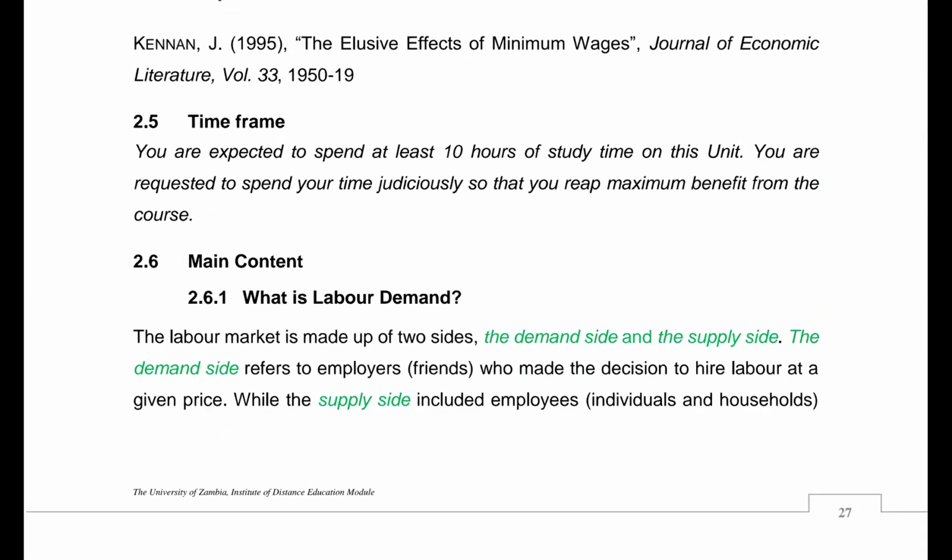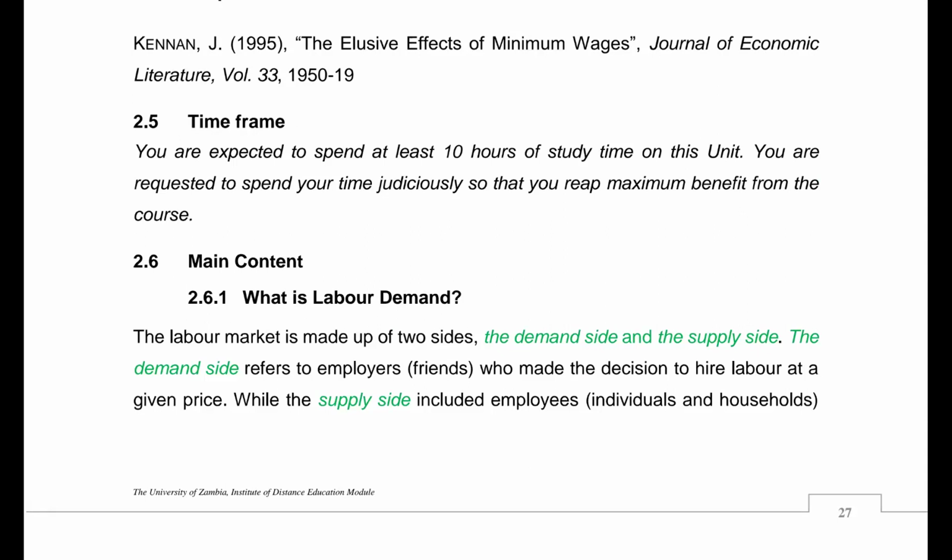We know that the labor market is made up of two sides. There's a demand side of labor, which is made up of the employers, those who make the decisions to hire labor at a given price. That's the demand.